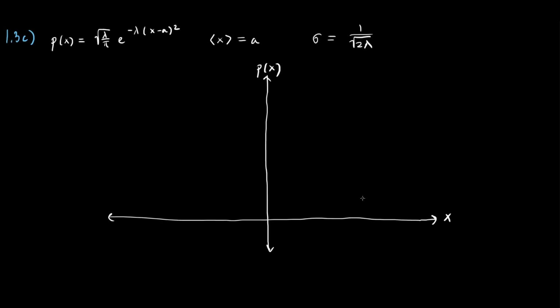Problem 1.3c asks us to graph the probability density, and we'll just assume that there's a random point A here, and we know that A is what determines the symmetry point of the probability density, since it shifts where this value here will be equal to 0. We know that it's symmetrical about A and that it's a Gaussian, so it's going to look something like this.